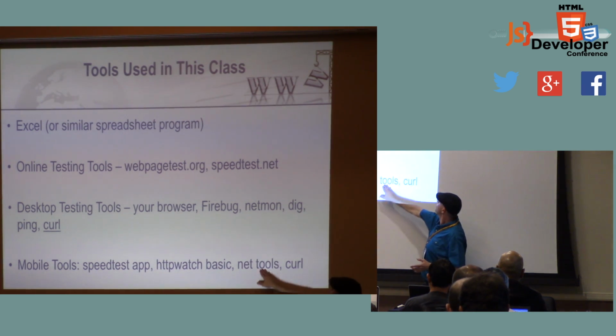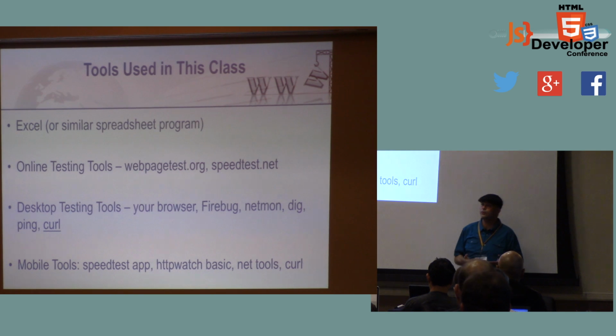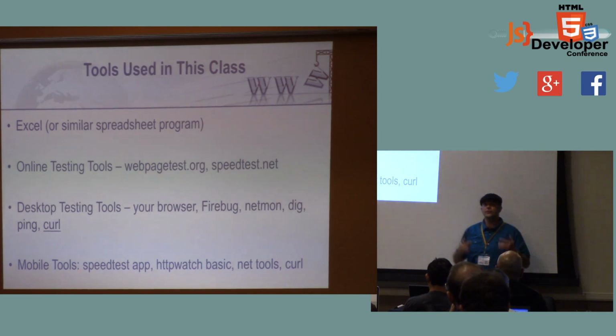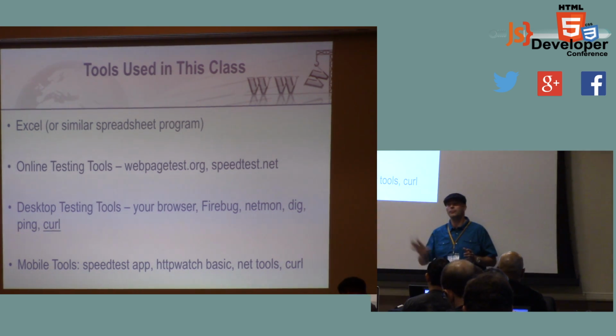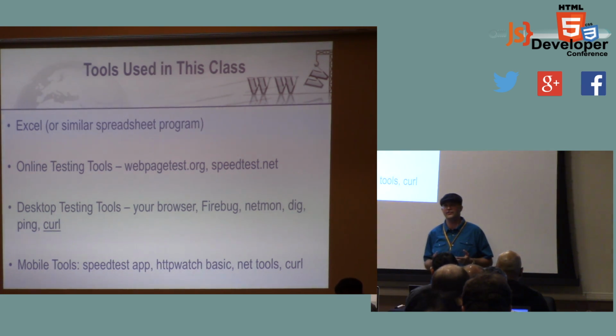The net tools, these are the things that I've talked about here. You also need them for your mobile device: dig, trace, ping, curl. If you can, try and get some of these things onto your phone before we get to that part of the talk, just so that we're ready to go and we don't have to spend too much time fumbling. There will be breaks and so forth.